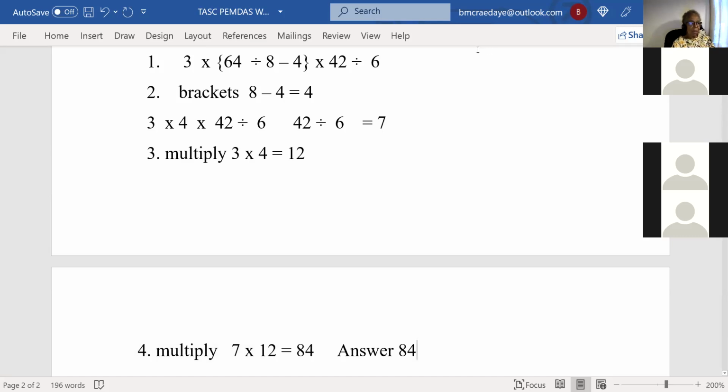So that's why we had 3 times 4 times 42 divided by 6. But the multiplication has to be done with the division first. So 42 divided by 6 is 7. And then we can multiply that 7 by the 3 times 4 product, which is 12. And we get 7 times 12 is 84.